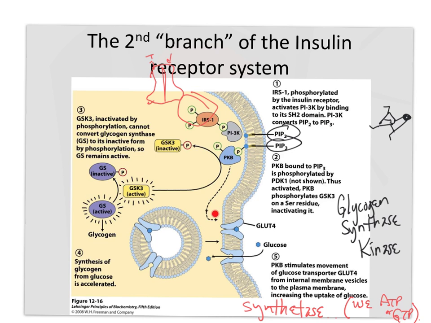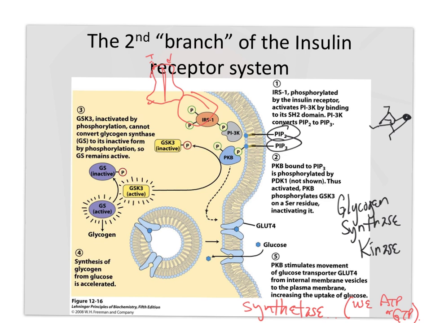Insulin's going to turn on this pathway. When insulin turns on this pathway, it's going to inactivate the glycogen synthase kinase. Since glycogen synthase kinase is no longer active, glycogen synthase gets activated. So this is once again where phosphorylation does the opposite. So far, every time we've talked about phosphorylation, we've talked about how it turns something on. It can also turn something off.